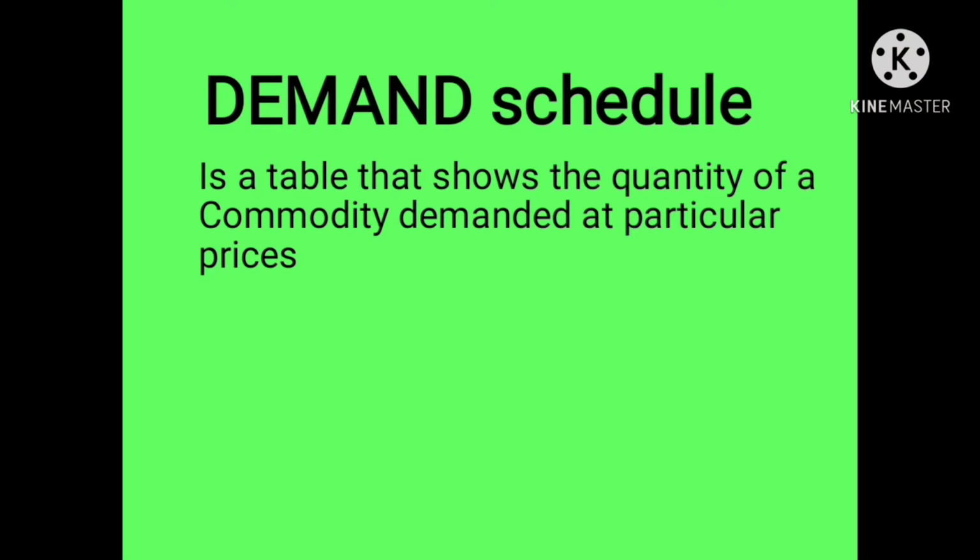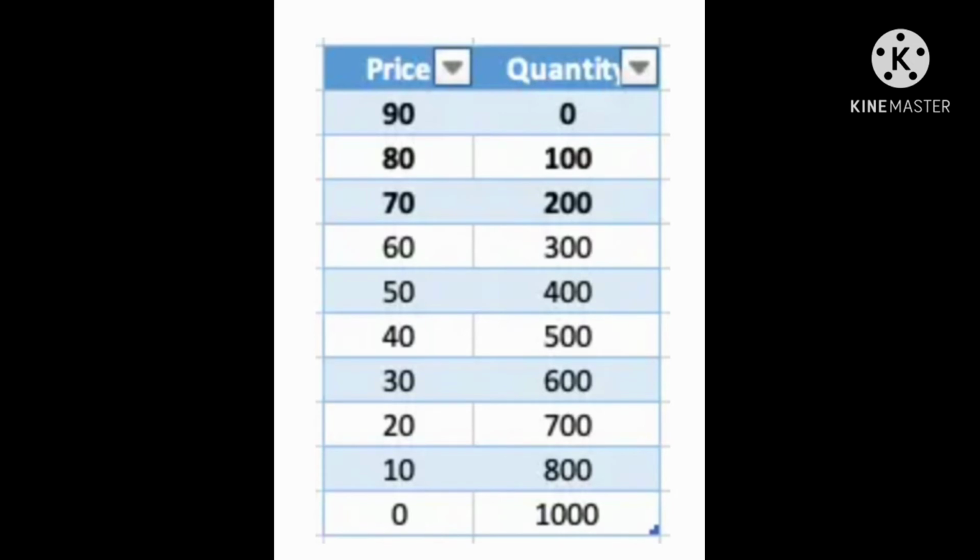Then the other we have to talk about is the demand schedule. The demand schedule is basically a table we are deriving from demand. And the definition here is that a demand schedule is a table that shows the quantity of a commodity demanded at particular prices. Let us look at this example here.